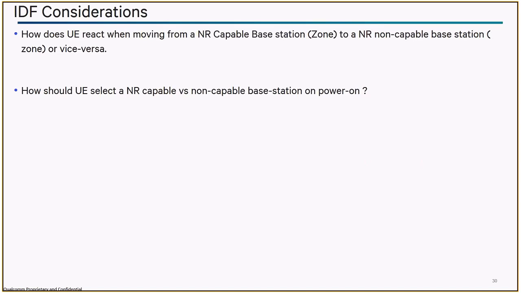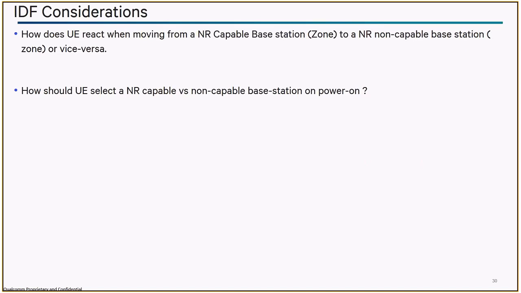So when a UE moves, the UE capability inquiry comes only when you are doing the initial attach. It doesn't come again. So when you move from a NR capable base station zone to a NR non-capable base station zone, or actually even more relevant, when you are moving from a NR non-capable base station to a NR capable base station, how do you come to know that you are moving into a NR zone and trigger a certain behavior on the UE side to indicate that?